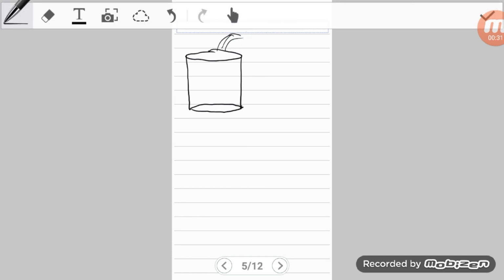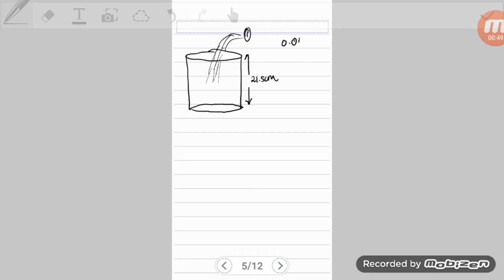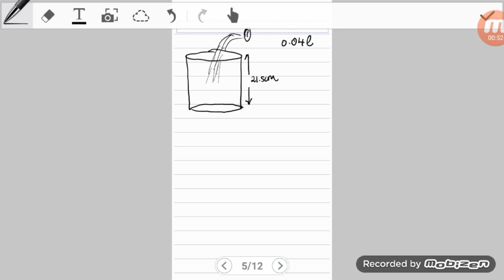Let's just draw a little image here. So some water was basically poured into the container. We already know that the height of the container is 21.5 centimeter, and we also know that 0.04 liters was poured into it.